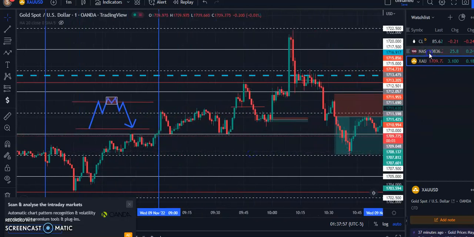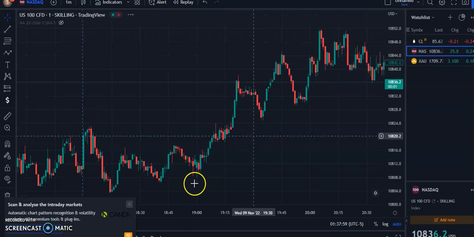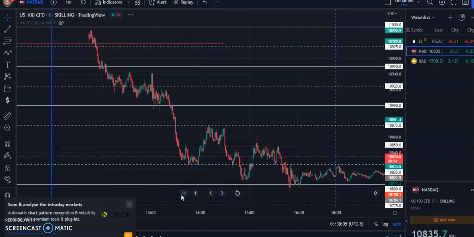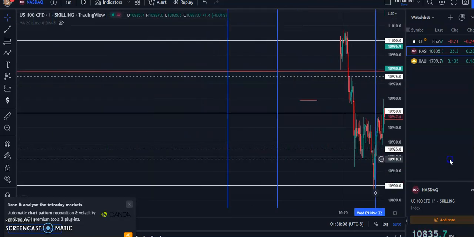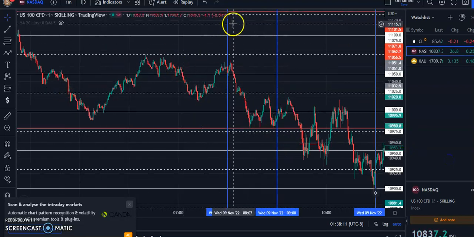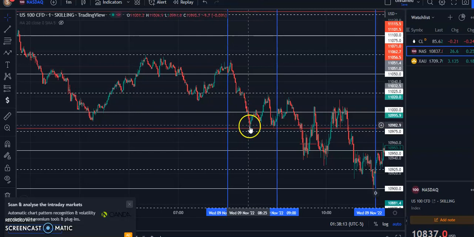Let's go to Nasdaq. Nasdaq gave us a textbook setup also. For Nasdaq, it's easy. We have the high of the day and the low of the day right here. So what does the market do? The market comes down. The first hour sets the low of the day, the low of the session.